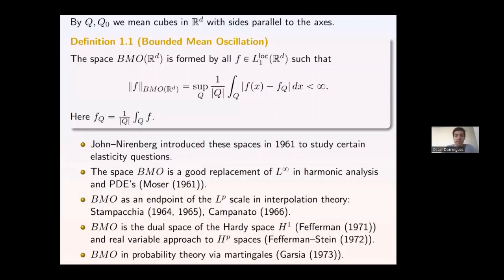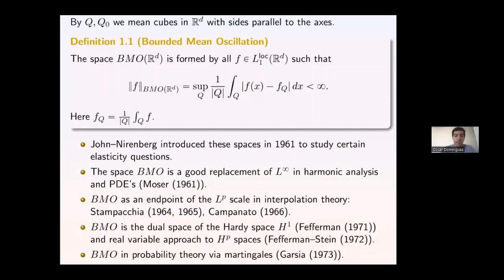So, for instance, in '61, Moser was able to adapt some ideas from John and Nirenberg in order to establish Harnack inequalities for non-negative solutions of elliptic PDE. Also, it's well known that BMO acts as a good replacement of L infinity in many situations when L infinity does not work.